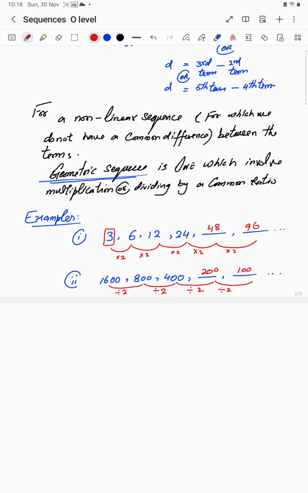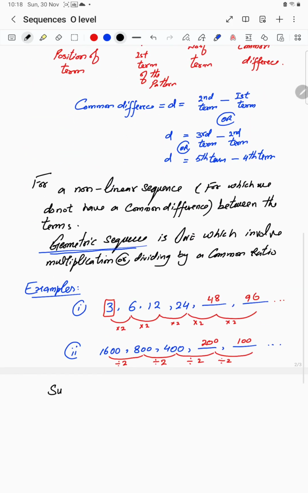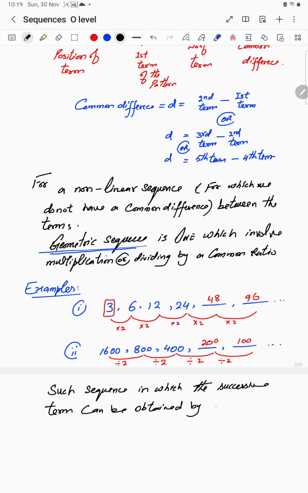So whenever we have such a sequence, let me change the color, you can see such a sequence in which the successive term can be obtained by multiplying or dividing the current term with a common ratio.